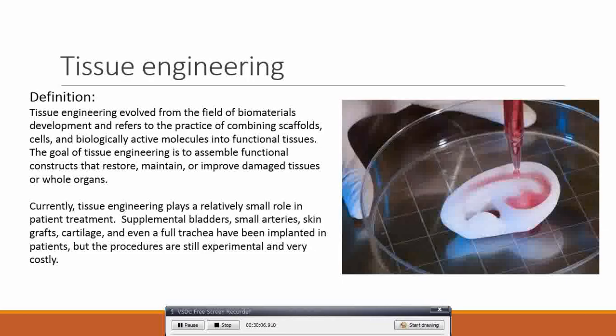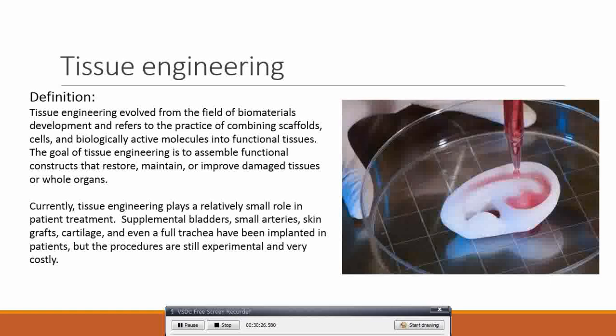Scaffold ni benda-benda yang halus, tisu-tisu halus yang sel akan melekat pada scaffold tu, dan akan tutup area yang terbabit. Okay, biological active molecules into functional tissue.